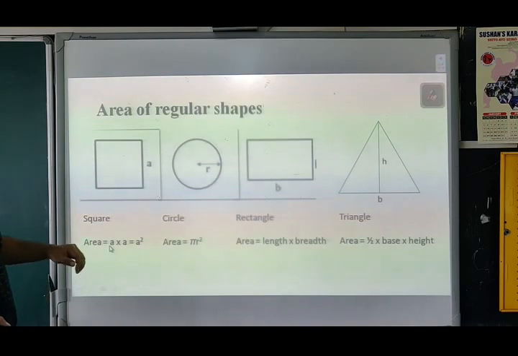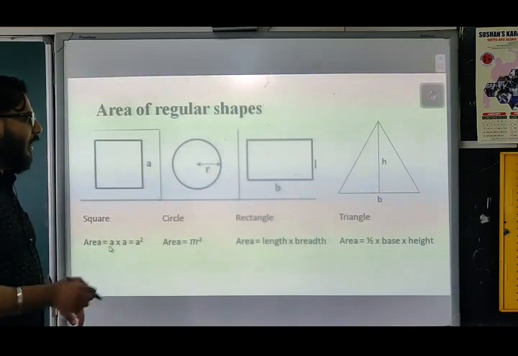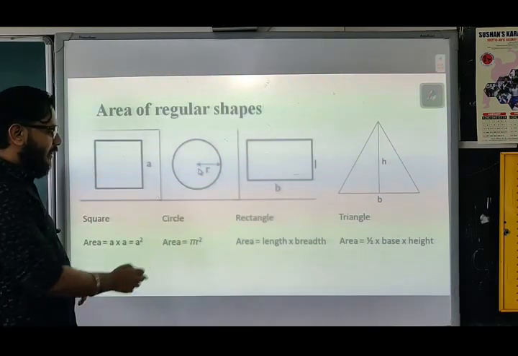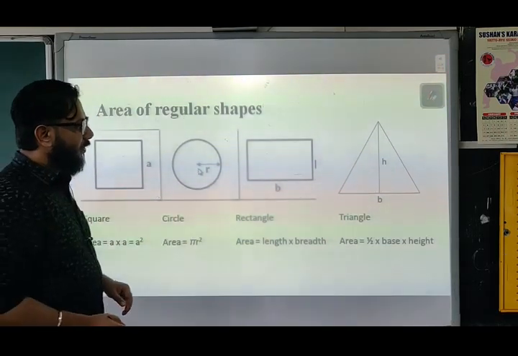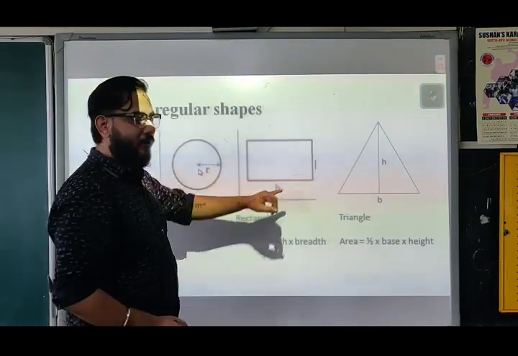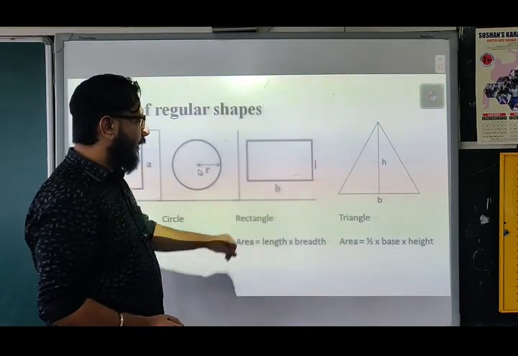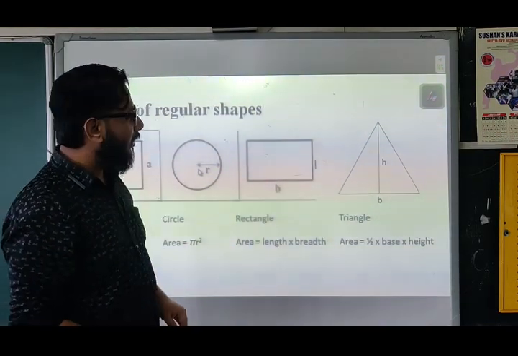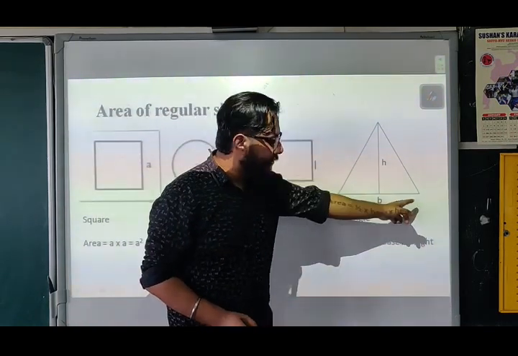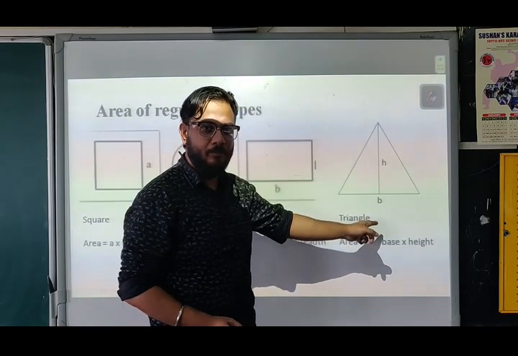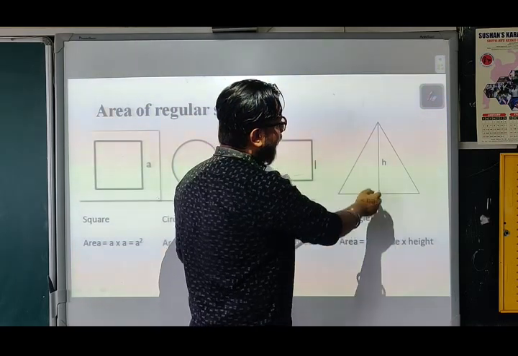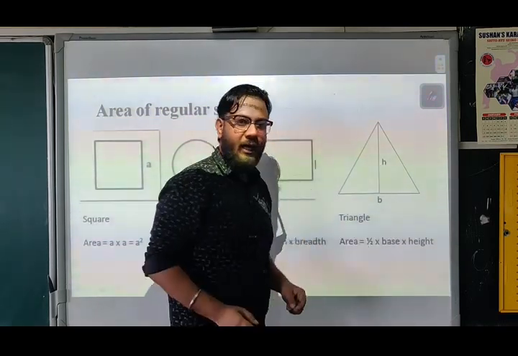For a circle, it is pi r square. R is the distance from the center to the edge, known as the radius. For a rectangle, it is length into breadth. I've written length as L and breadth as B, so L into B gives the area of a rectangle. And for a triangle, you have half into the base into the height. From the base, you make a perpendicular line to the top, and that is your height.